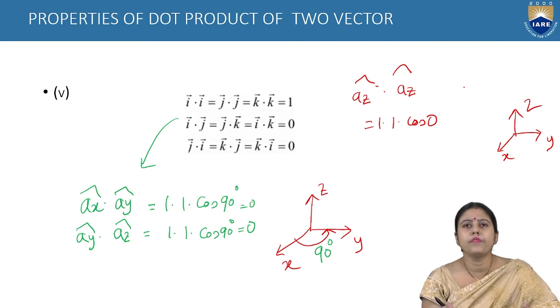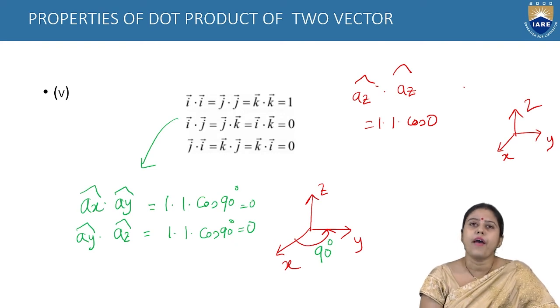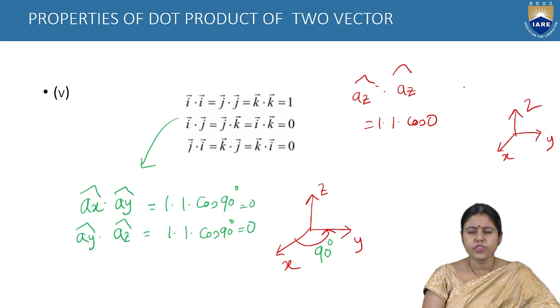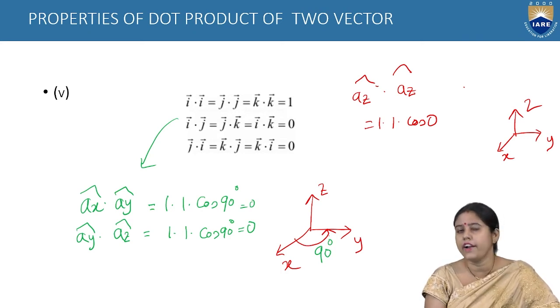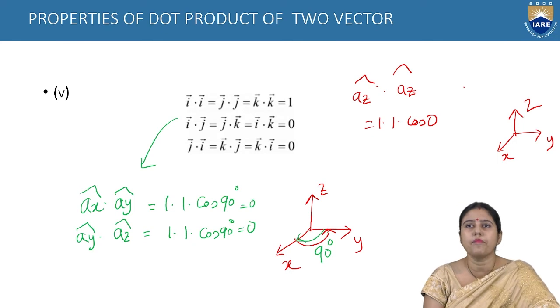So, if the direction is in cross position, meaning i to j, x to y, y to z, or z to x, the value of the dot product is equal to 0. Similarly, this is the anti-clockwise direction. If we go in the clockwise direction, what will happen?